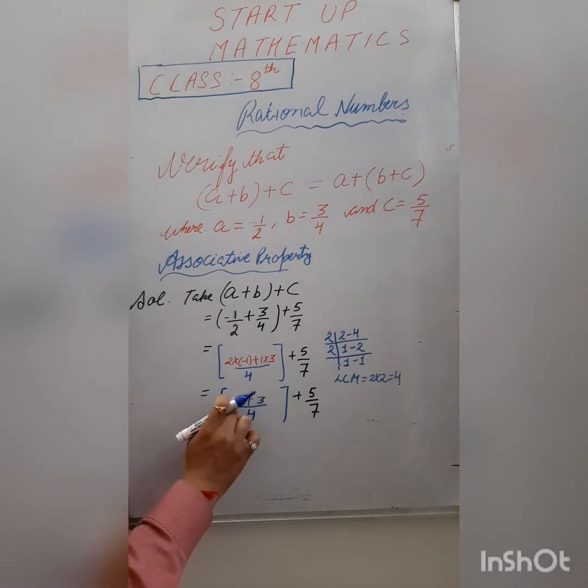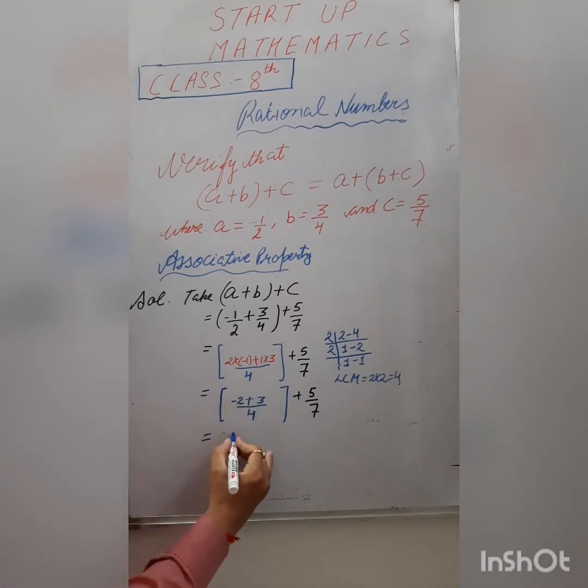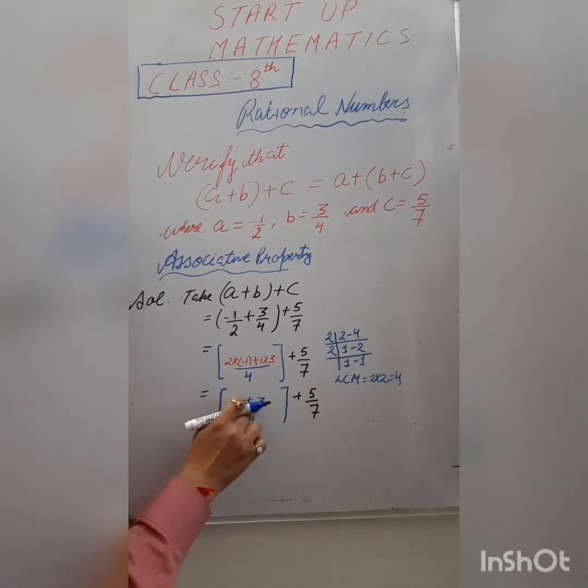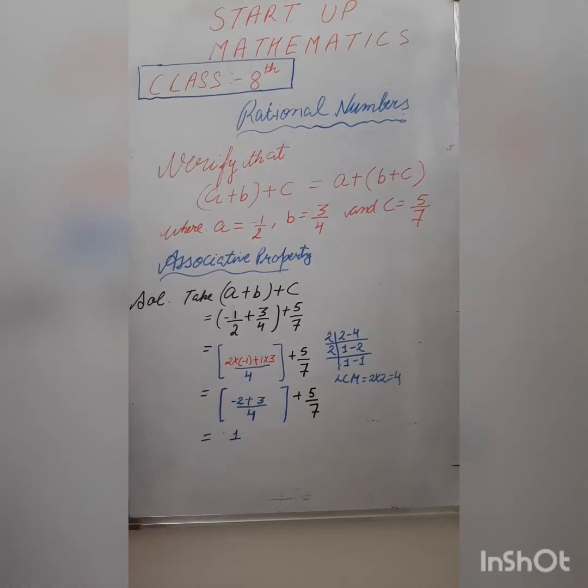So 3 minus 2, the answer is 1, because the number 3 is greater than the number minus 2. So the answer is 3 minus 2 is 1, and the denominator as it is, right? And the third is 5 upon 7.